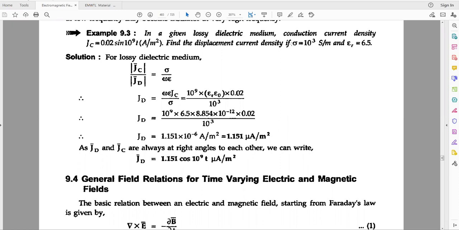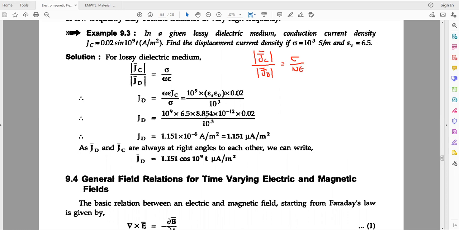Find the displacement current JD if sigma is equal to 10 cube and epsilon r is equal to 6.5. So we know for a lossy dielectric medium, the magnitude of JC bar by the magnitude of JD bar is equal to sigma by omega epsilon.